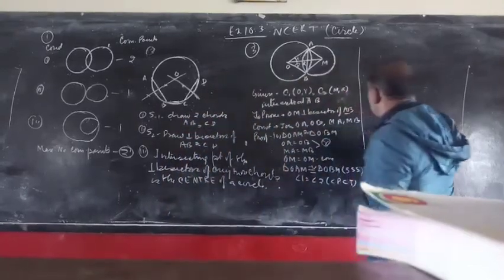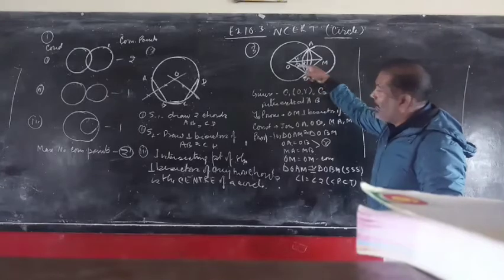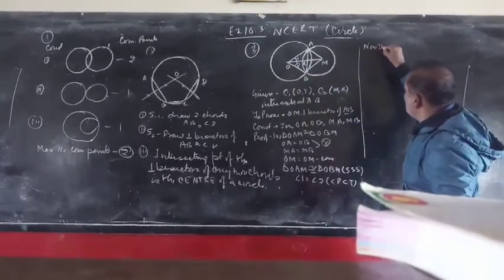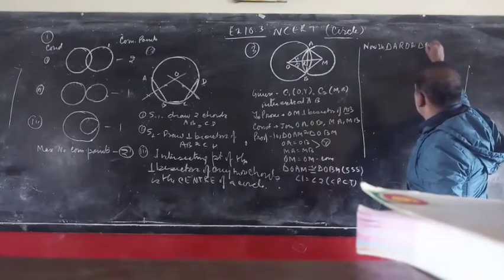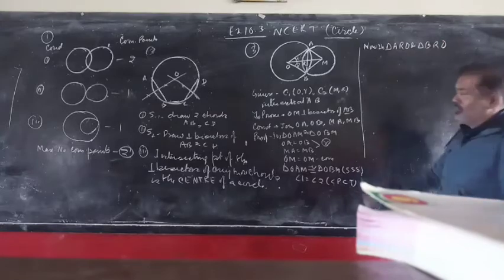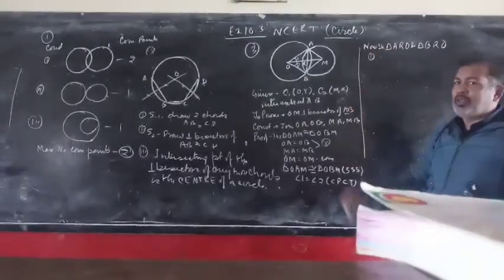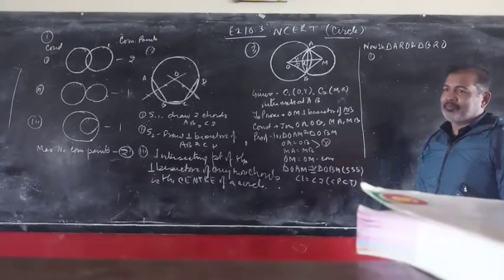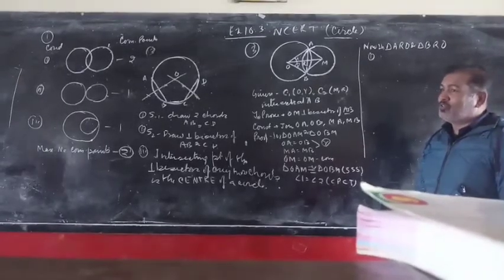Now here we will take triangle ARO and triangle BRO. What are the 3 points? First point should be from a girl. Any girl, please answer me. What points shall we take to make these two triangles congruent?